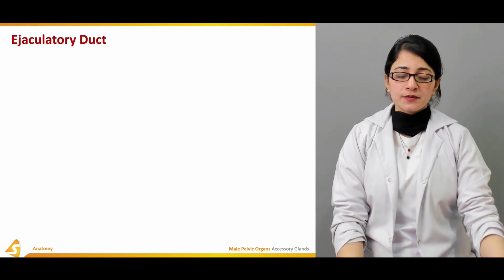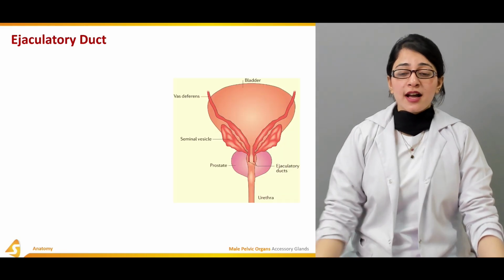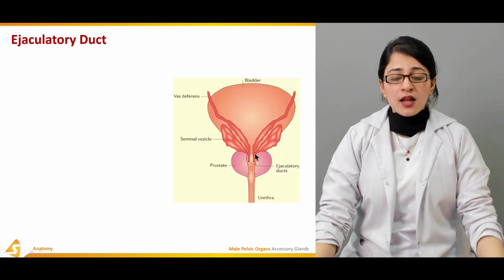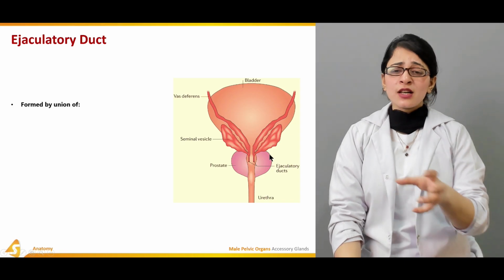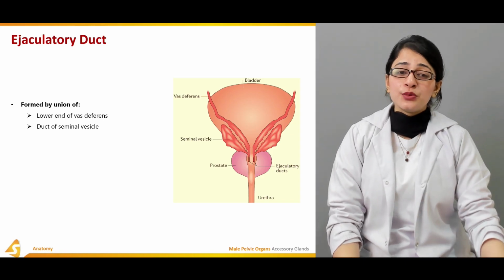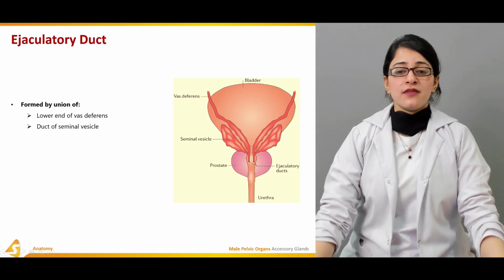gland. Then comes the ejaculatory duct. You can see in this picture very clearly the ejaculatory duct, and this is the prostate gland. Now, the ejaculatory ducts are formed by the union of the lower end of the vas deferens and the duct of the seminal vesicles.